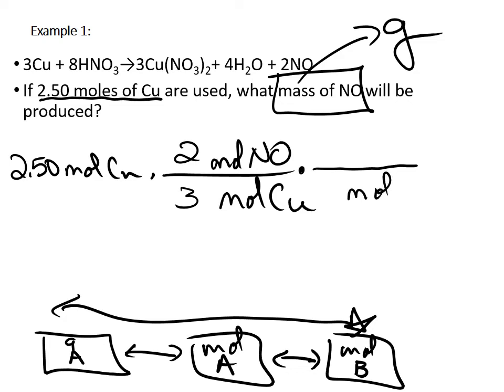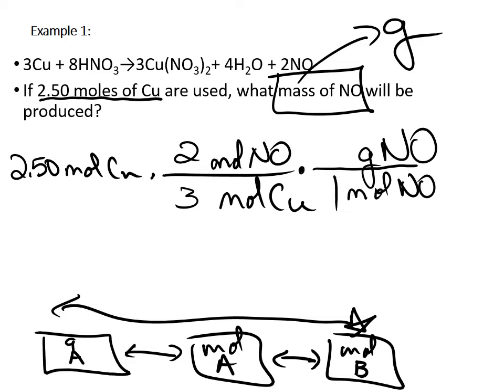Moles of NO is on top over here, so it has to go on bottom. And now we can go to grams of NO. Okay, and it's always how many grams are in 1 mole. And for this step, we use the periodic table. So add up your mass of nitrogen and your mass of oxygen off to the side.